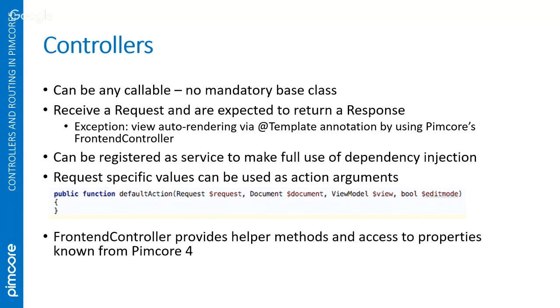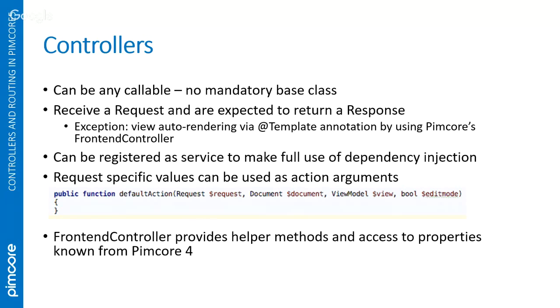So you don't need to rely on the this-document property, which we added for compatibility as a known feature from Pimcore 4, but you can always request a document via an argument. Important to note is that this has to be written exactly like it is here. You have to type hint on the document class, and the parameter needs to be named document, because otherwise the system can't resolve what you need.